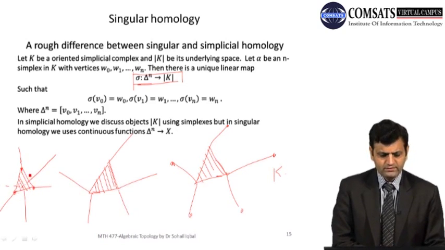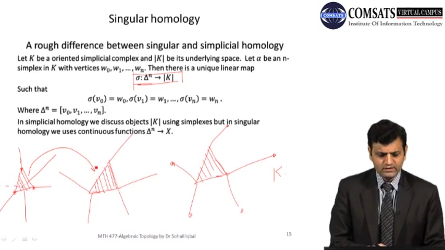So we can define a function from this to the underlying space, and of course you can see that this is going to be a linear map because it takes just the points of the standard two simplex to the points of this triangle inside the underlying space.